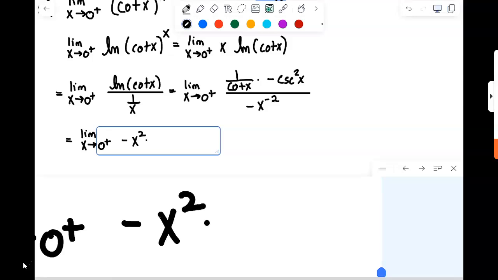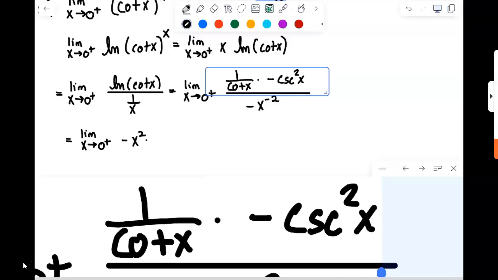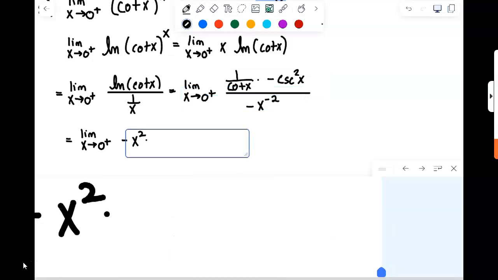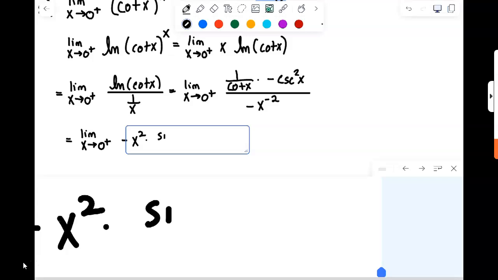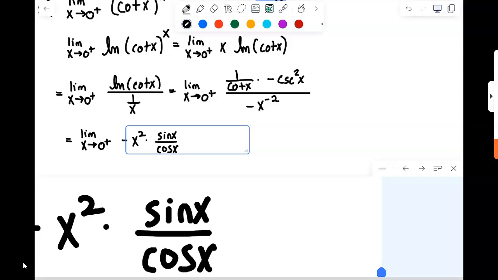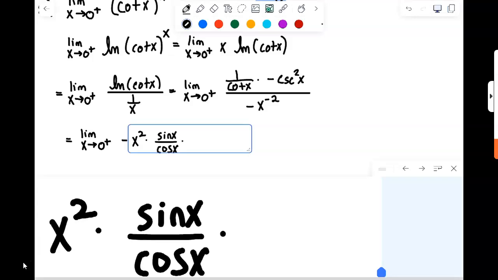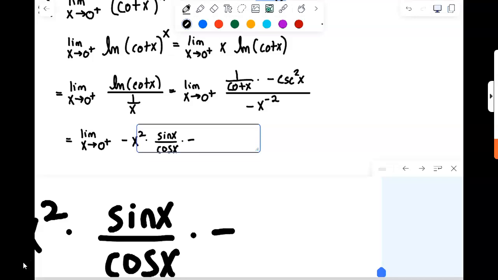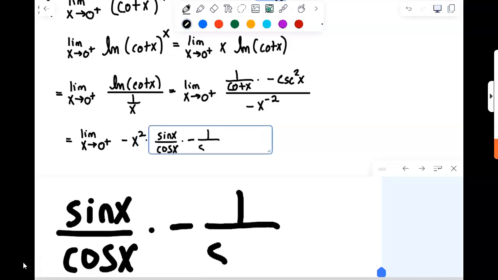And then I have 1 over cotangent. 1 over cotangent is the same as tangent. Tangent is sine over cosine. And then cosecant is 1 over sine squared.